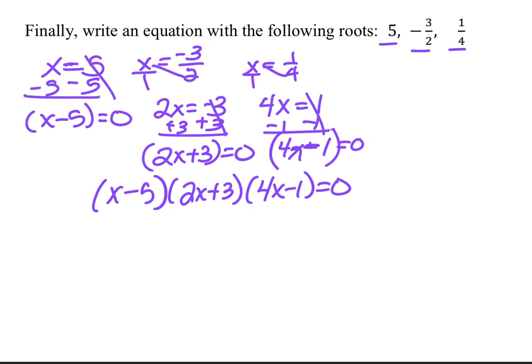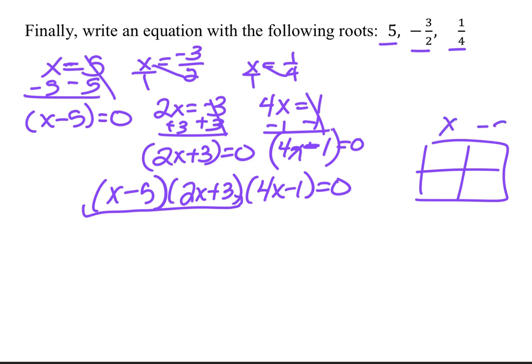Now the problem with this is I can only do 2 at a time. So I'm going to choose to do these two again, so x minus 5, 2x plus 3. So it's 2x squared minus 10x plus 3x.